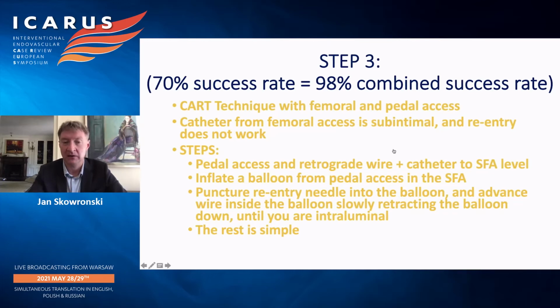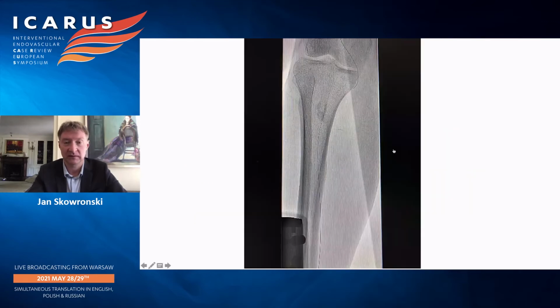You essentially puncture the reentry needle into the balloon, and once you see that the balloon is being deflated, then you put the wire inside the deflated balloon, and you push the wire slowly, and you also retract the balloon down until below the knee you're intraluminal. And of course, the rest is simple.